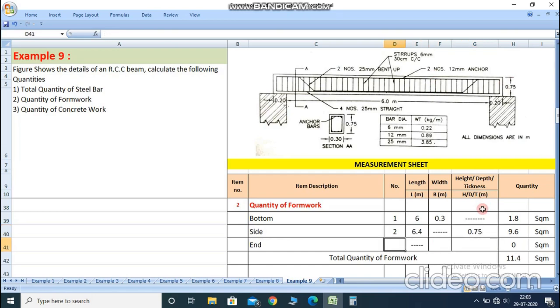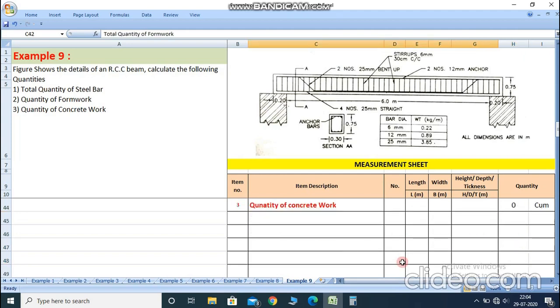And the end part, at the left side and the right side, both sides formwork is required, so we write 2, and the width is 0.3, already given in the section, and the height is 0.75. So the total quantity of the end formwork is 0.45 square meter.